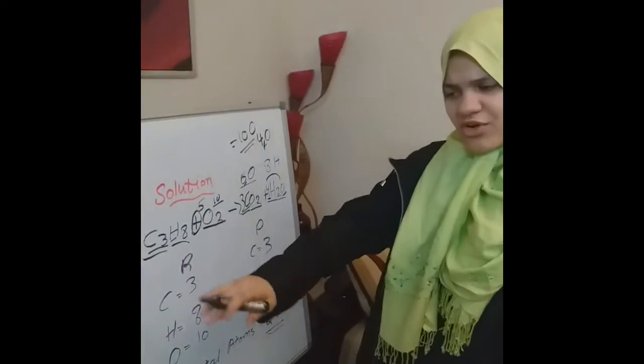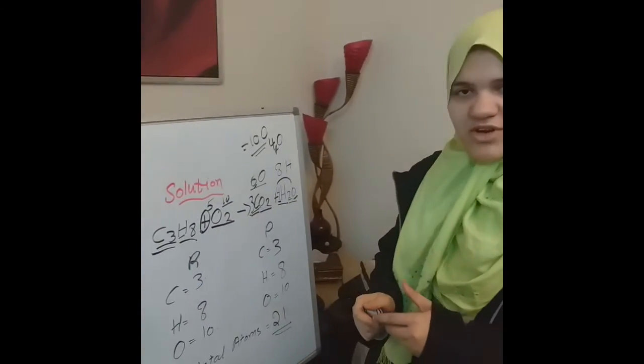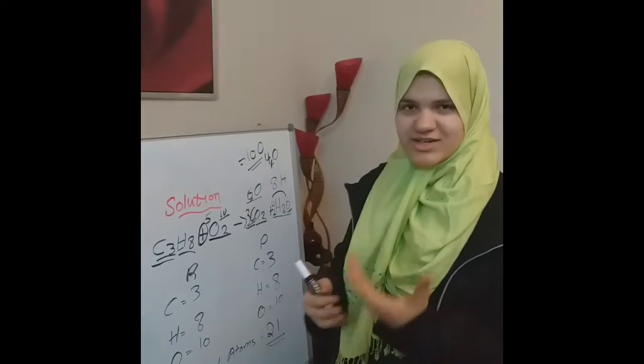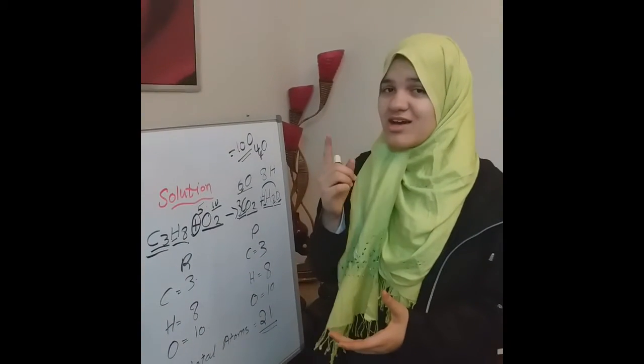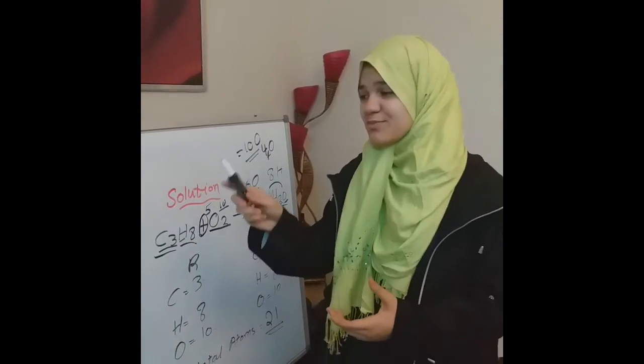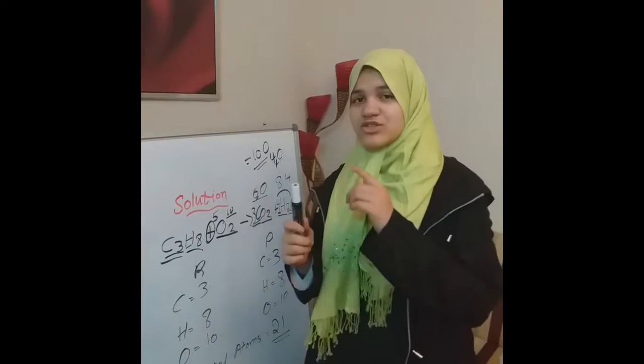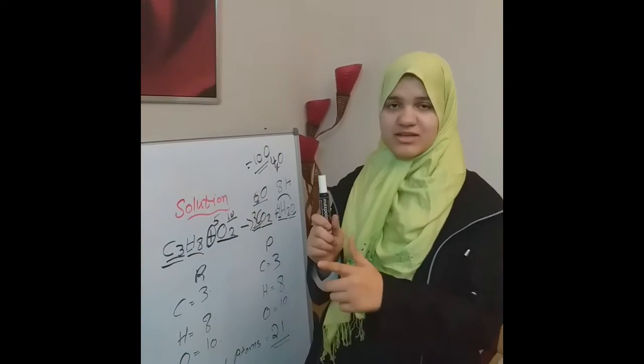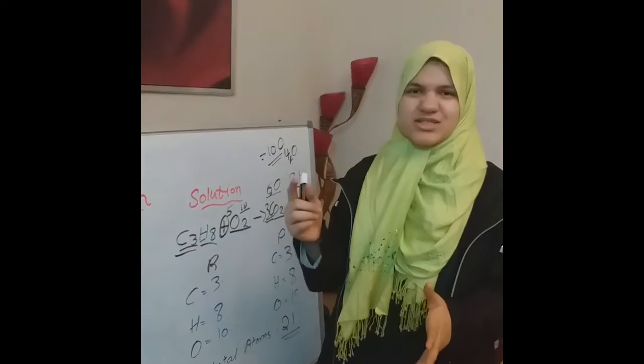Let us go for 4 and 5. Actually, 4 and 5 are not hard, because, as I told you before, with the inspection method you can balance by your eyes, only by seeing.